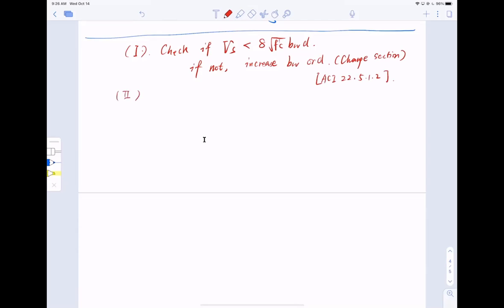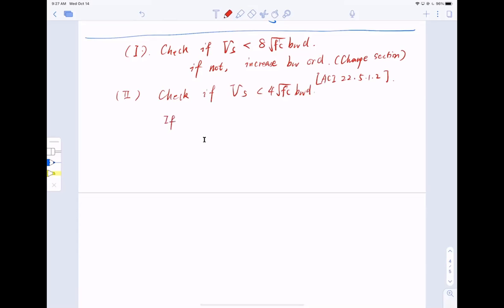And the second thing, if this checks out, the section's okay. So we have to check if Vs is smaller than 4 times square root f'c bw d.